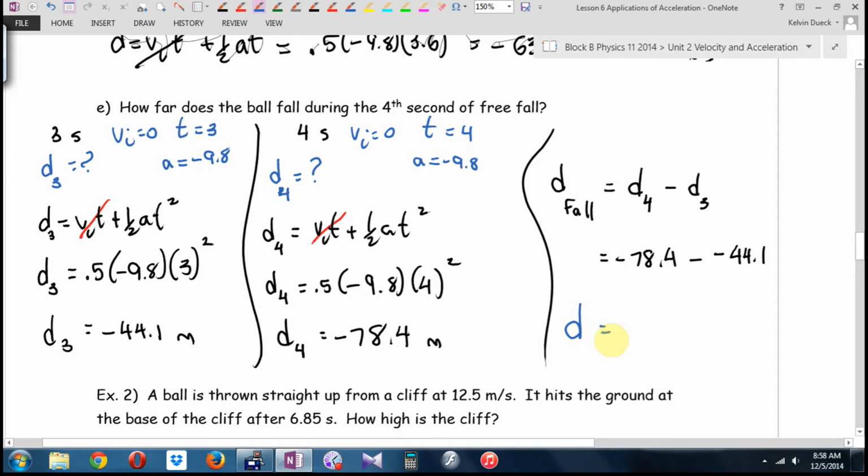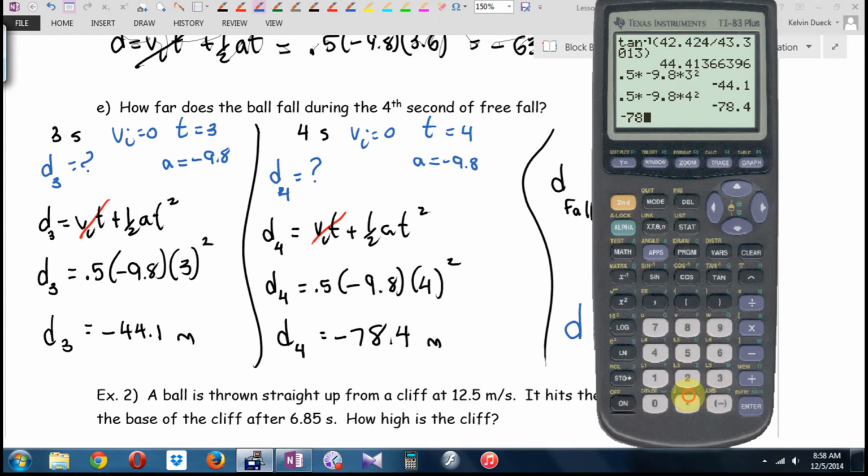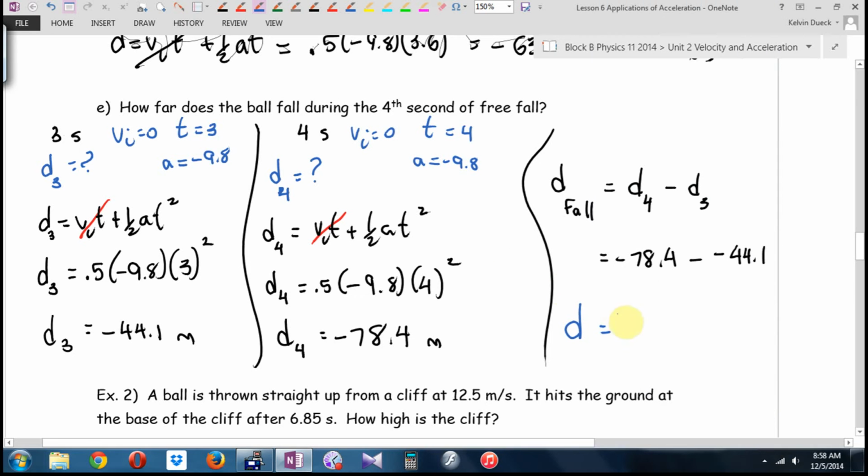How far did it fall in that 4th second? Negative 78.4 minus negative 44.1. It fell 34.3 meters, and which way was it traveling? Down, negative 34.3 meters.